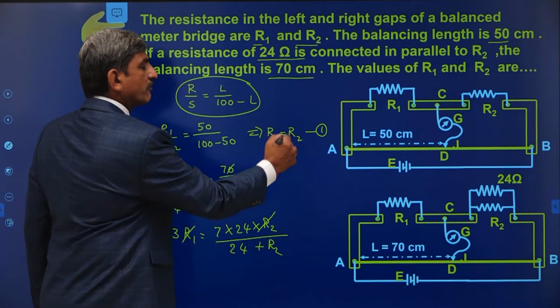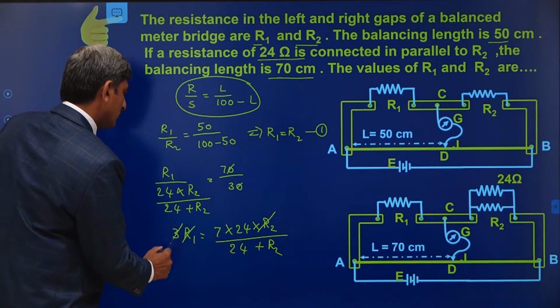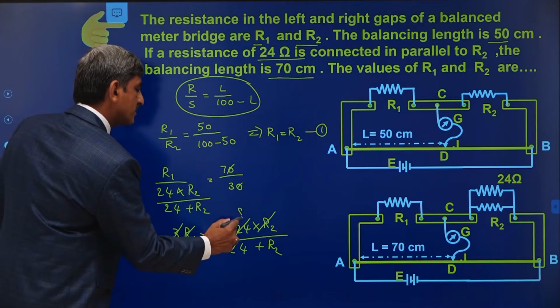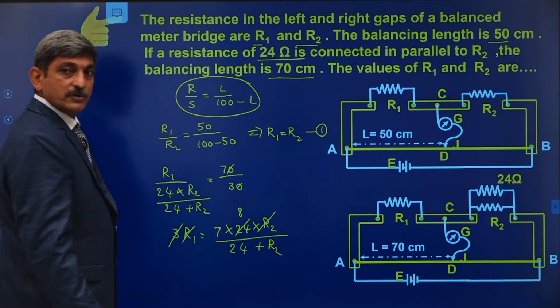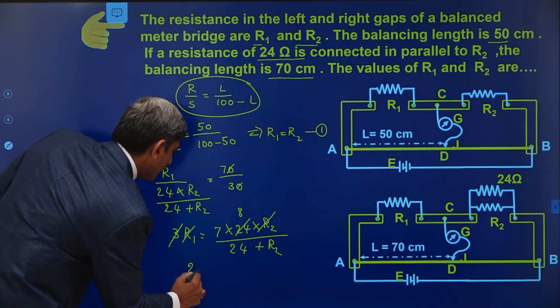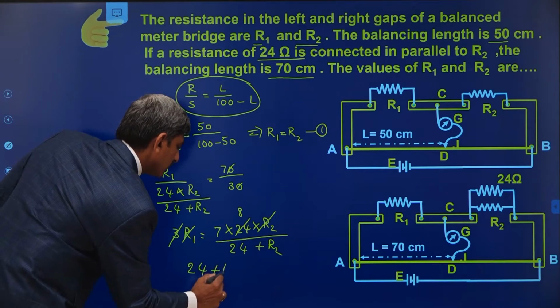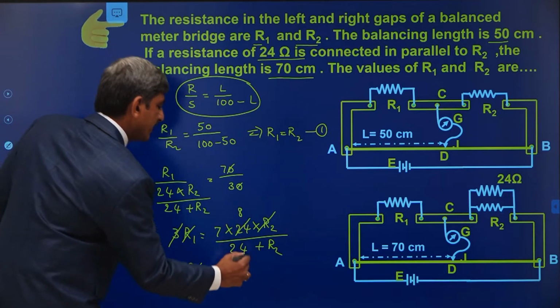Why? Because from equation number 1 we have R1 is equal to R2. Now, this 3 cancels 8 times in 24, so from this we have 24 plus R2 is equal to 7 8s 56.